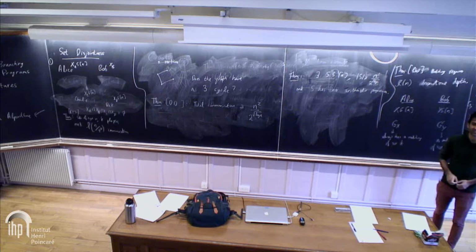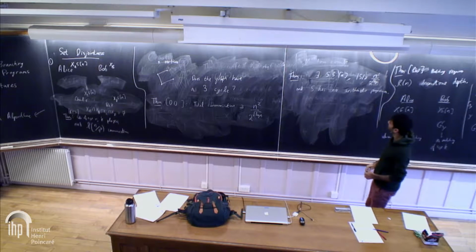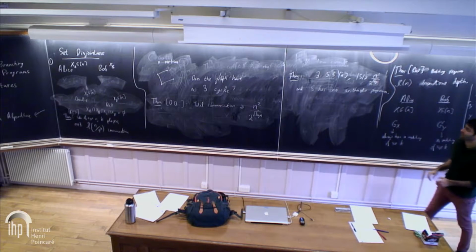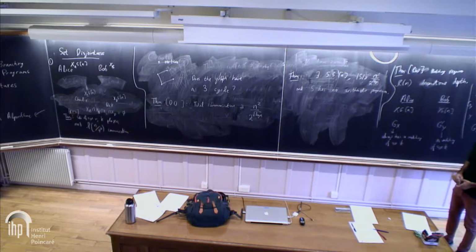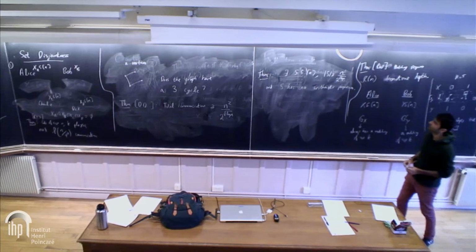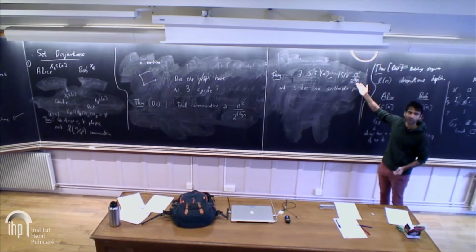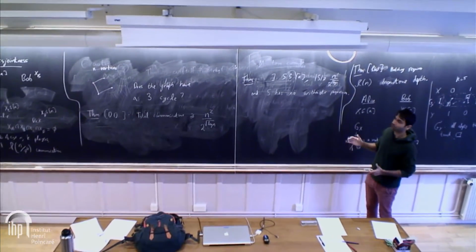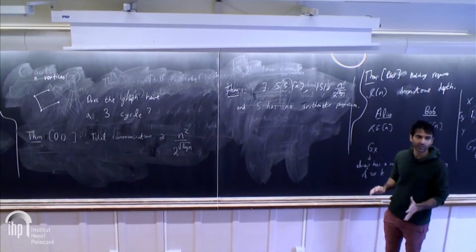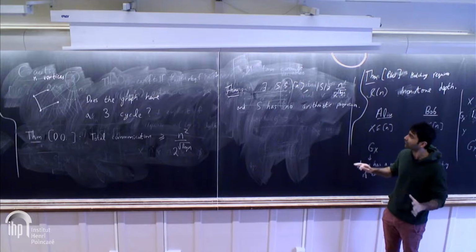That's an arithmetic progression. So this is a problem that was studied for a long time in combinatorics. But there's a set which is pretty large, has n over 2 to the square root log n numbers in it from 1 through n, but it avoids all 3-term progressions.